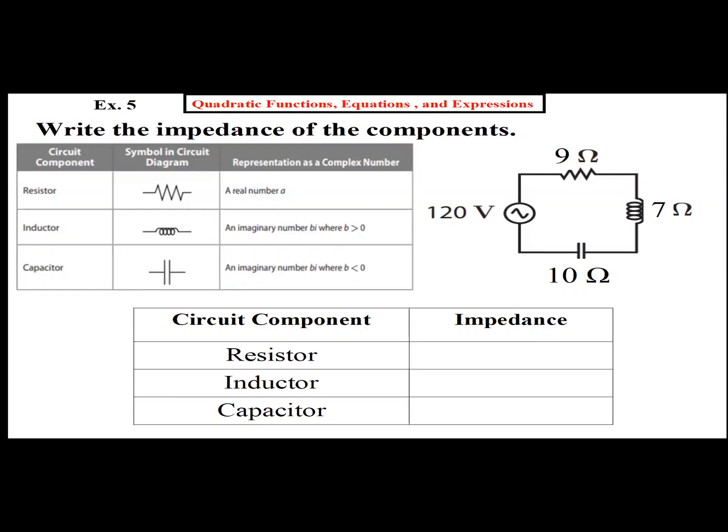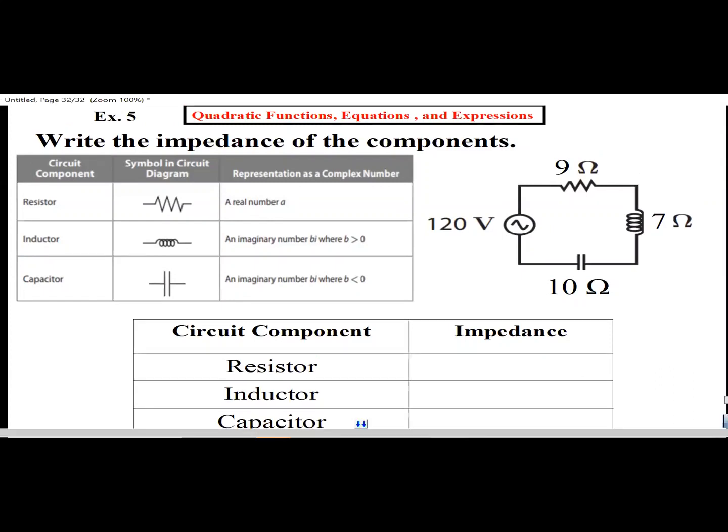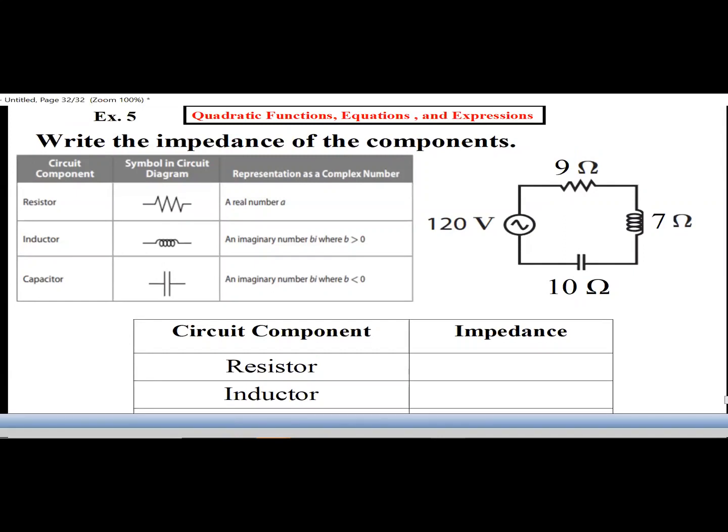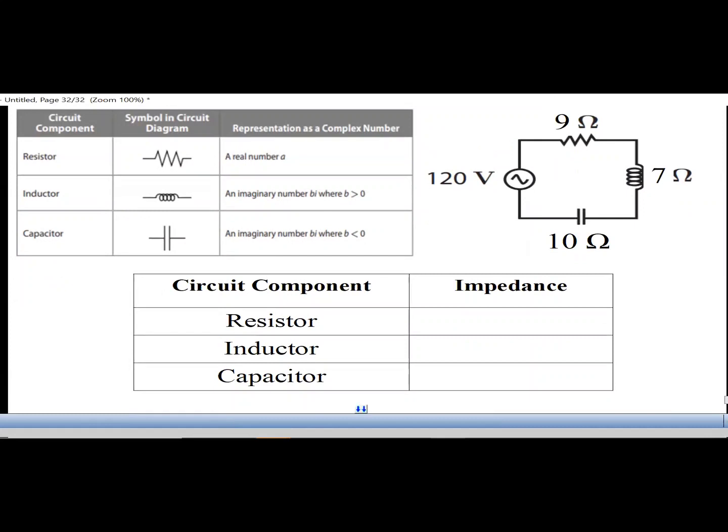All right. So let's see, I'm going to label my impedance. Now I'm going to use just black, because by now I should be able to know what I'm looking at. So for my capacitor, what am I going to write right here? I see the capacitor is 10 ohms. So that means this is negative 10i. Hands if you got that.